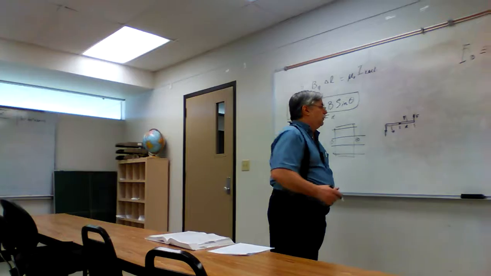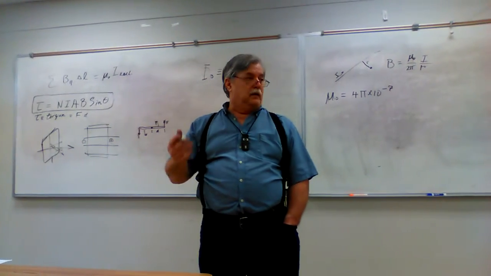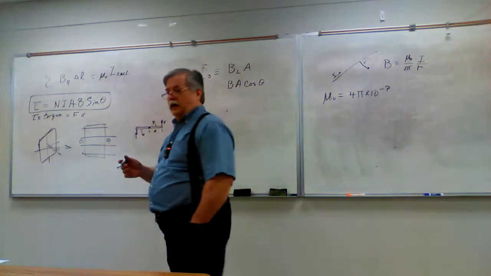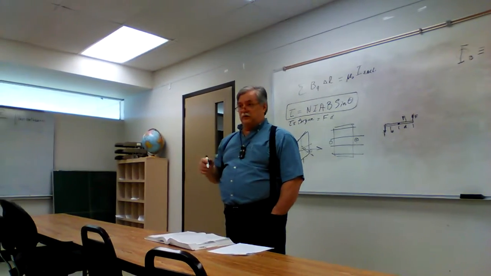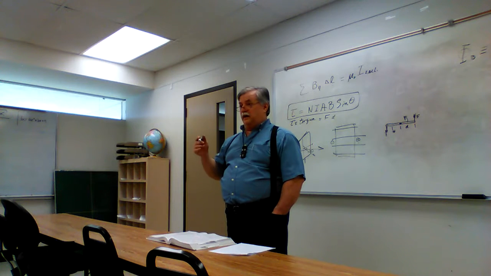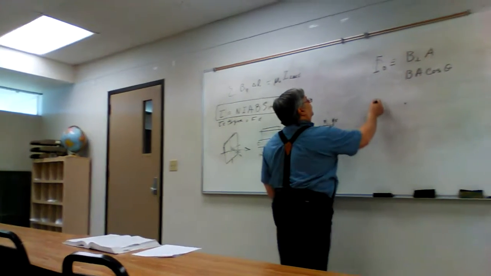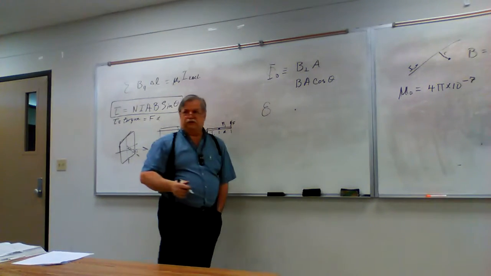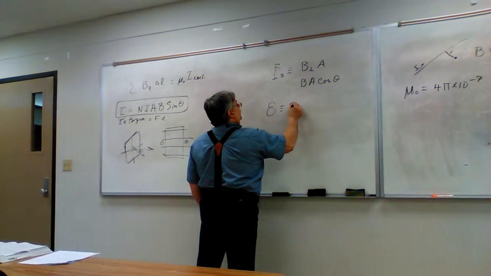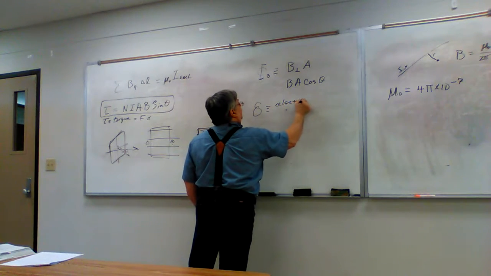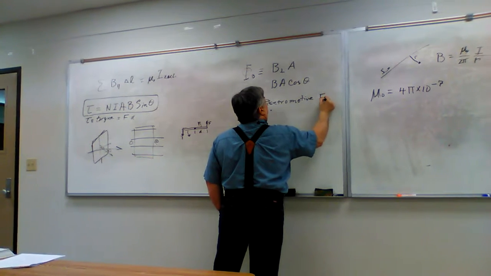Now, a changing magnetic flux will produce an induced current. And it will produce an induced current by inducing an electromotive force, or a voltage. The book uses that script E for EMF, electromotive force.